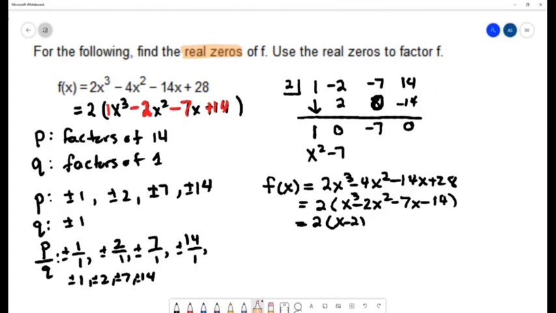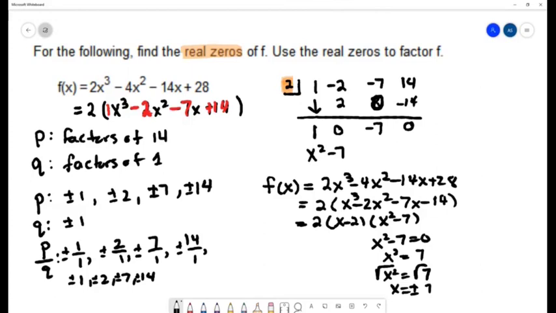Factoring out x minus 2 is what I did with this synthetic division here. And that left me with x squared minus 7. So then I could set x squared minus 7 equal to 0 to get my final two zeros. Square root both sides and get x equals plus or minus square root of 7.